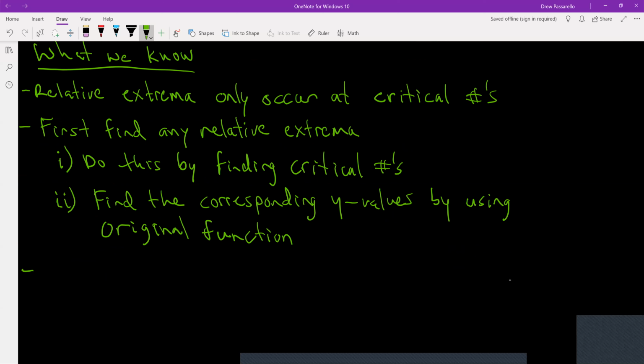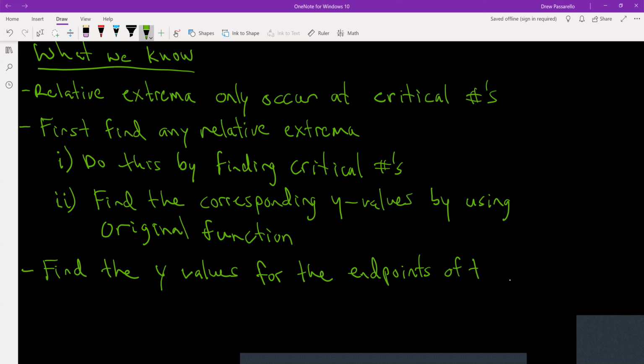So find the y values for the endpoints of the interval. Out of these, the largest is going to be the absolute max.